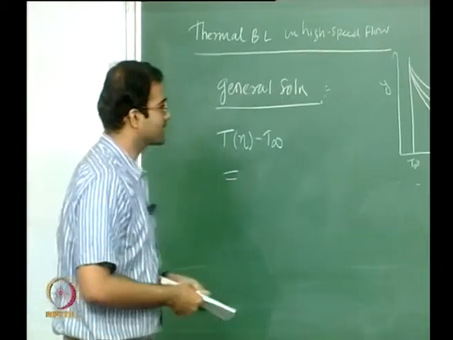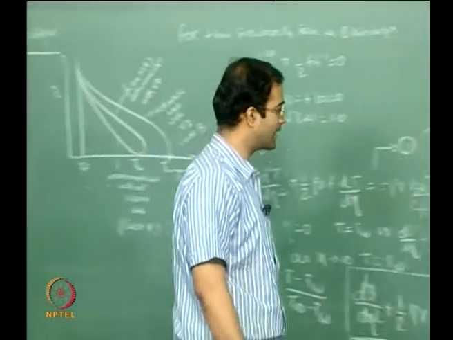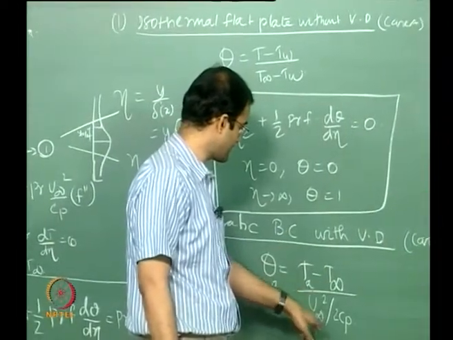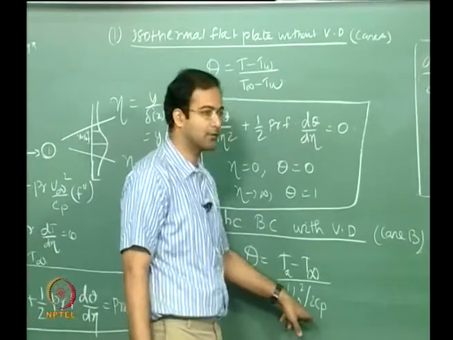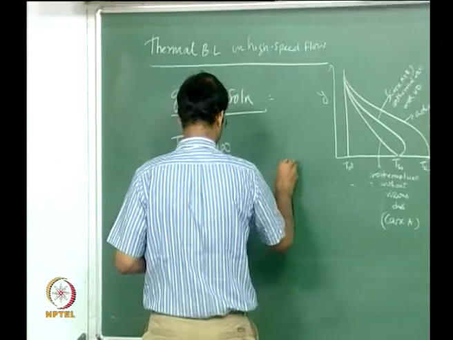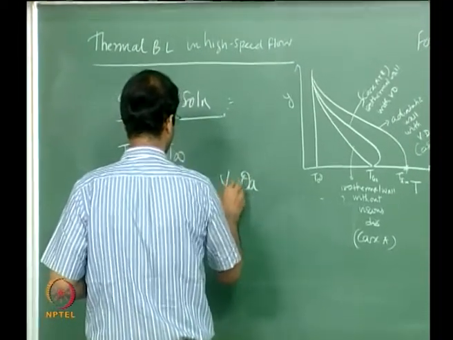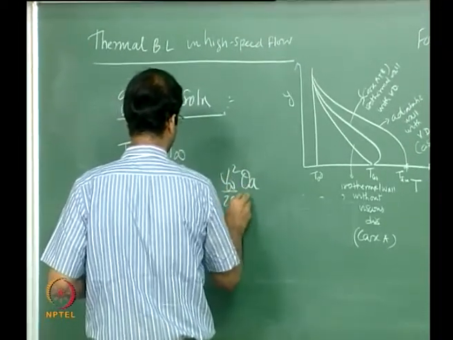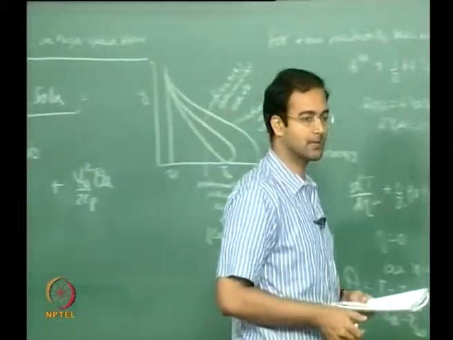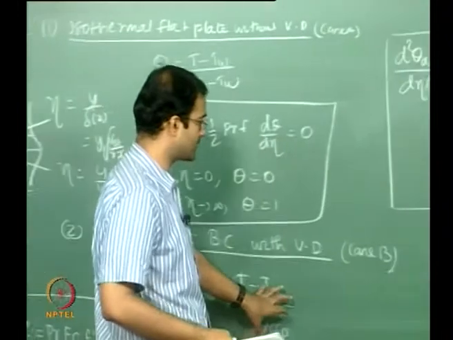Already for case B, T minus T infinity is defined as theta A into U infinity square by 2 Cp, which is one part of the solution. Now I want to blend these two solutions. There is a linear combination I want to propose. So this is one solution.